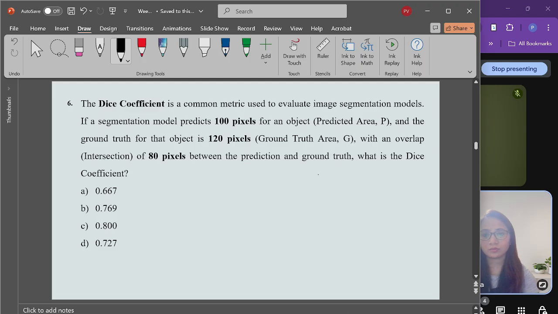Okay, so I will let you know the formula for the Dice coefficient.